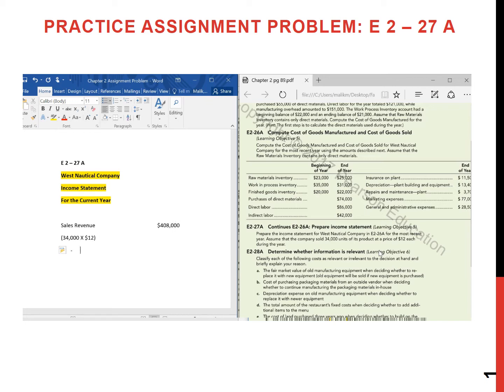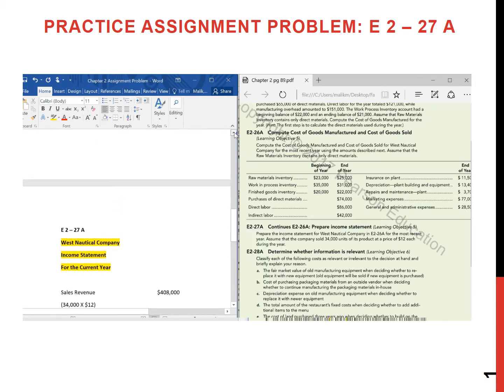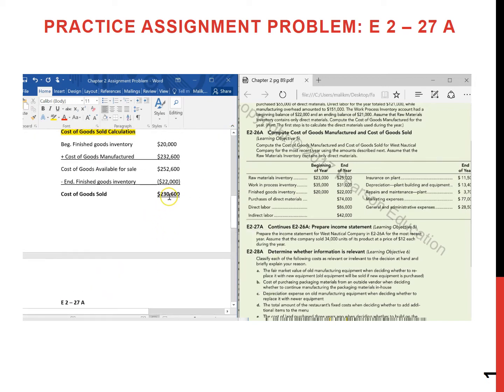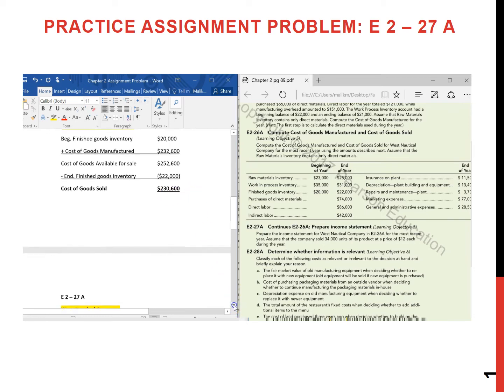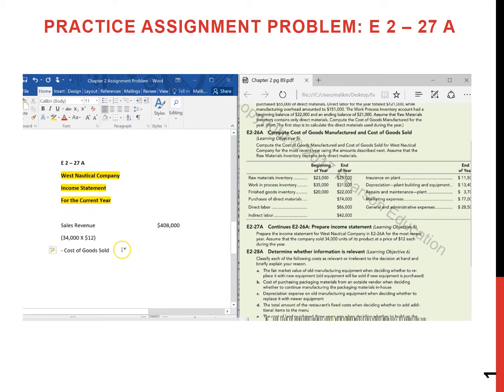Next, we will subtract our cost of goods sold. So these cost of goods sold we'll find from our previous problem, because these two problems are related. So if you go back here, you will find your cost of goods sold, which is 230,600. So now I will subtract this cost of goods sold, which is 230,600.